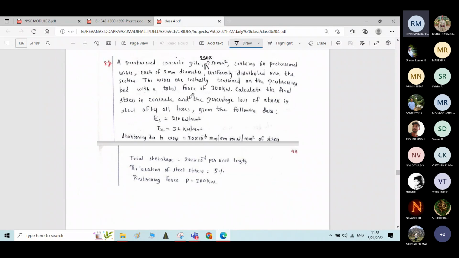Now I'll move on to problem number 8. All of you read this problem. This is a problem on a concrete pile.